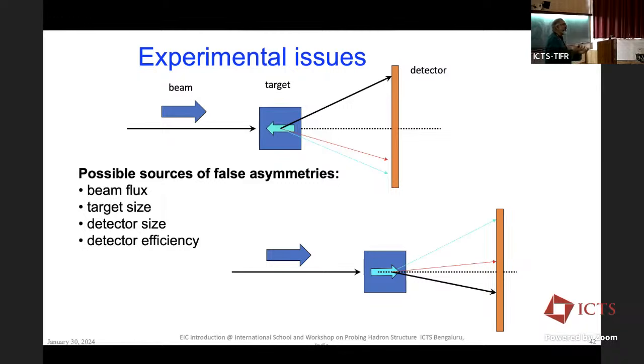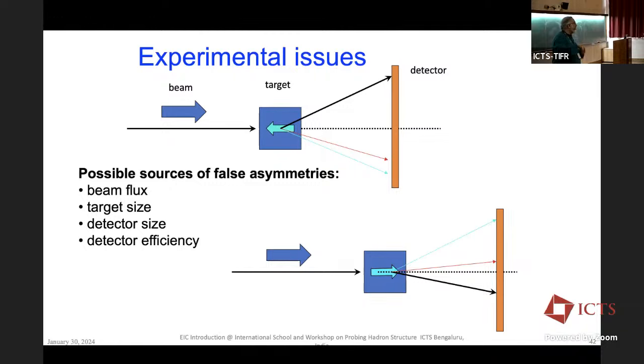I have to create exactly identical situations when I do this and that. The best way to do this is to move the spin as often as I can. Rotate them and compare data sets very quickly in time so that the beam flux is the same, the target size of course remains the same, the detector size is the same, detector efficiency also remains the same.